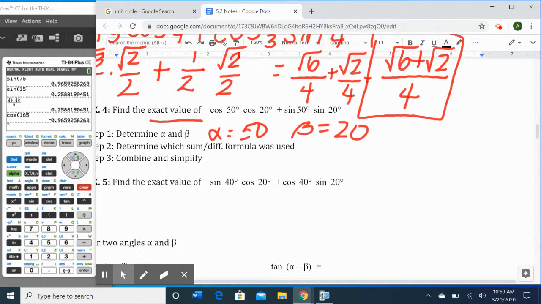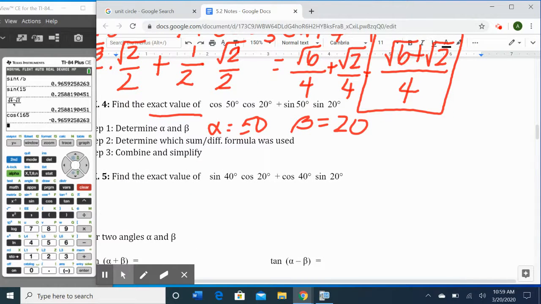And so the ones that have the cosines together and the sines together are the cosine functions of addition or subtraction. And then if there's a plus sign in the middle, that means they used the cosine of alpha minus beta. So they used the cosine of alpha minus beta formula to get this set up.